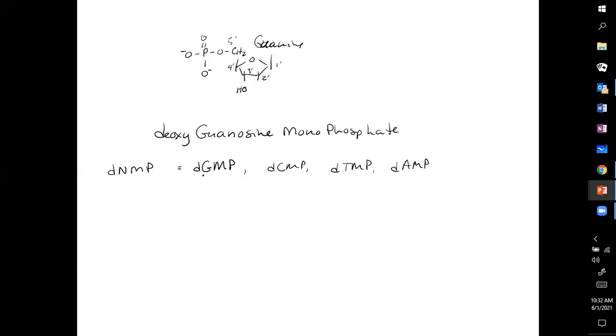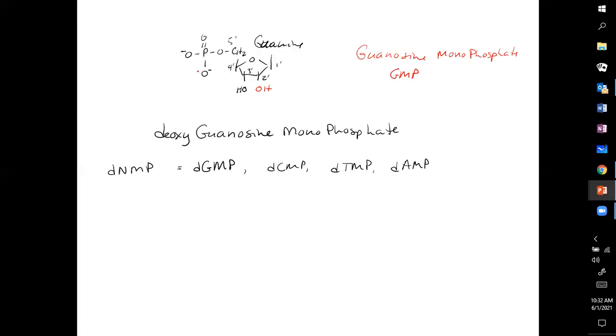So how do we name ribose sugars? If we tacked a hydroxyl group on here, let me put it in a different color, this would no longer be deoxyguanosine, it would be guanosine monophosphate, or GMP.